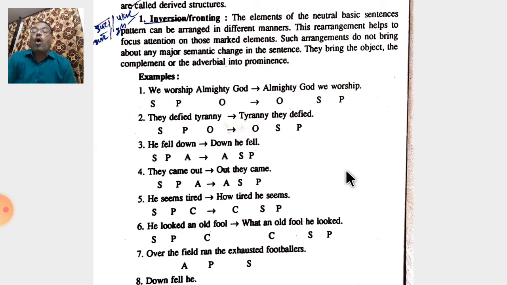We worship God, or Almighty God. In this sentence, we is the subject, worship is the predicate, and God or Almighty God is the object. This is the sequence: subject, predicate, object.